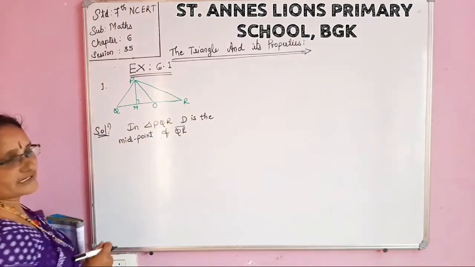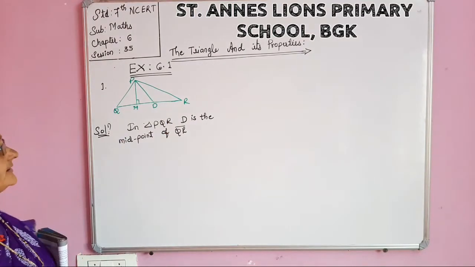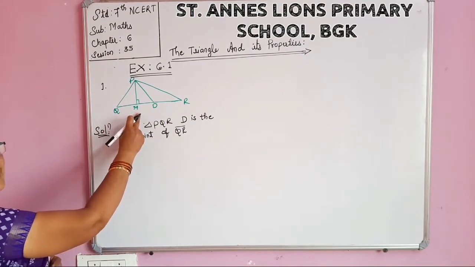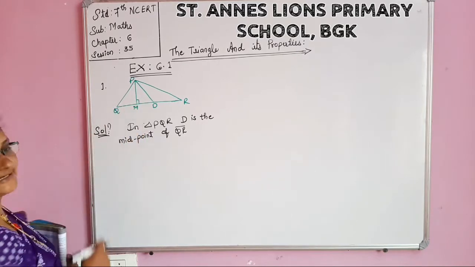Then what about the PD? PD is median. Then what about PM? PM is altitude. Why? Here it is showing 90 degree.